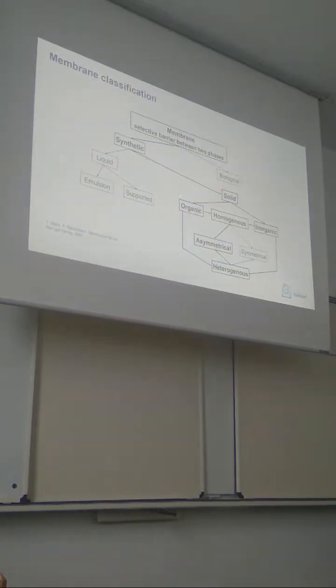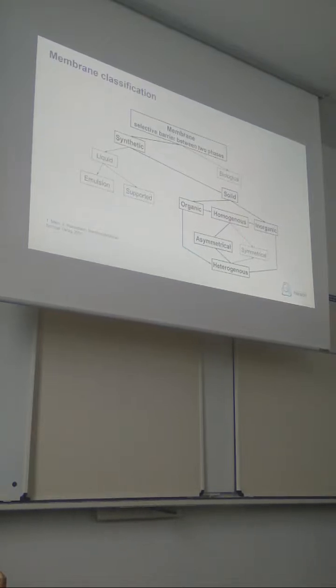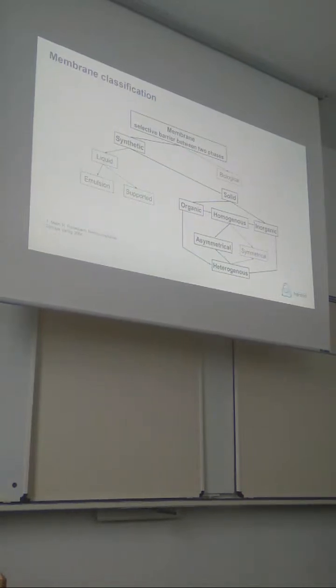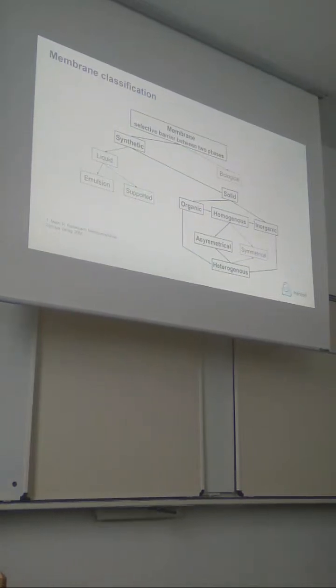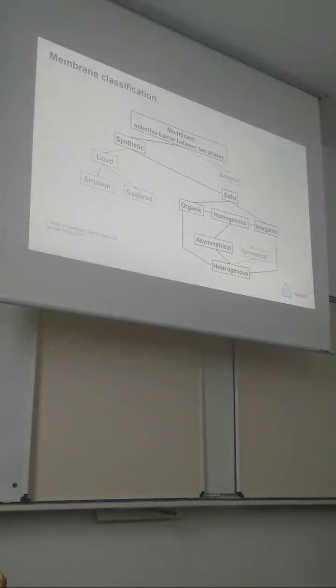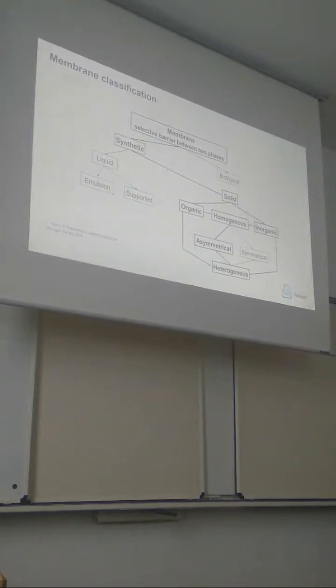They are either homogeneous, meaning they are made from one and the same material, or quite often they are heterogeneous. So you've got a thin hydrogen selective, or carbon dioxide selective, or whatever selective layer that is applied to a porous support structure that gives you the mechanical strength of the system. And that means they are asymmetrical as a membrane.